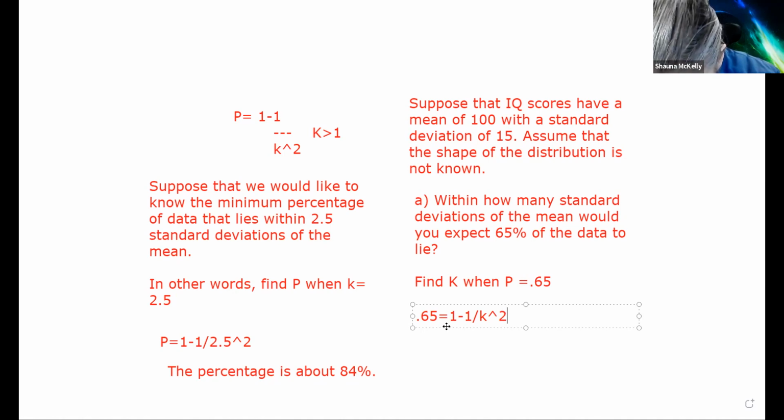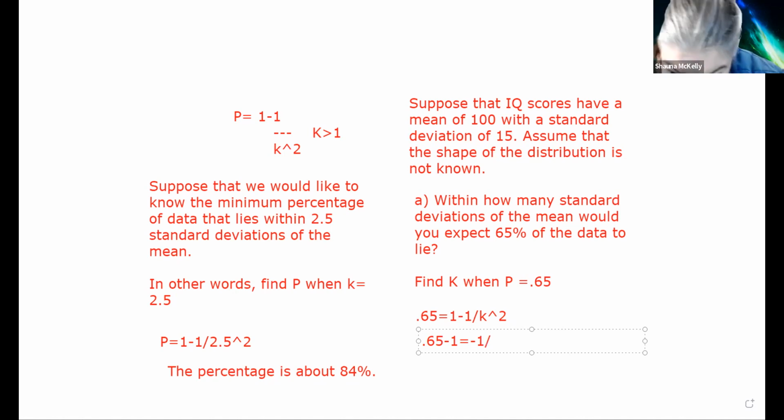If I were going to solve this equation for K, I'd start by subtracting 1, the first one here, from each side. So I'd have 0.65 minus 1 is equal to negative 1 over K squared.